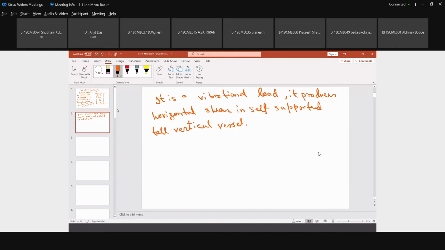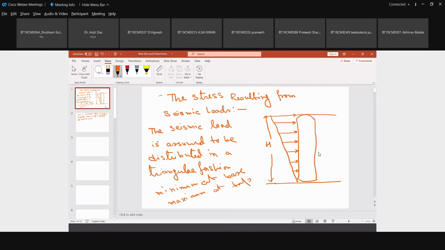Now, since the load is distributed in a triangular fashion, it can be assumed that instead of this distributed force, this seismic load is acting at a point two-thirds from the bottom of the vessel.